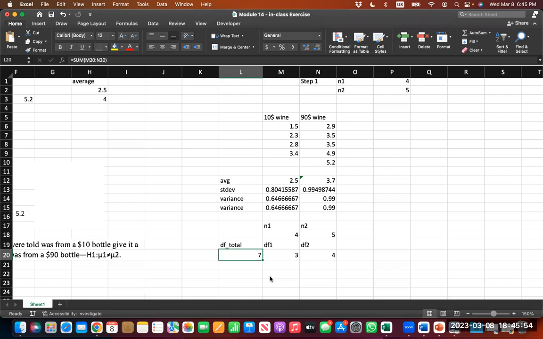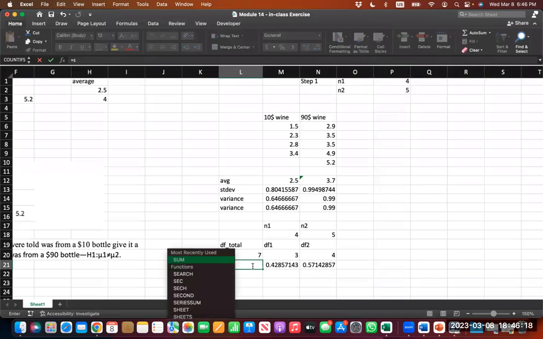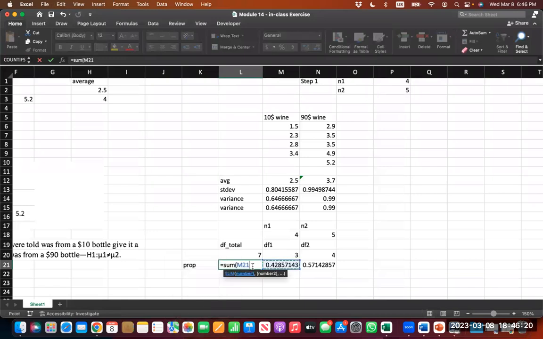They have a proportion in the estimation of the total degrees of freedom. And this proportion, you basically can calculate as 3 divided by 7. Or 4 divided by 7 for sample 2. And this obviously needs to add up to 1, right? Logically.